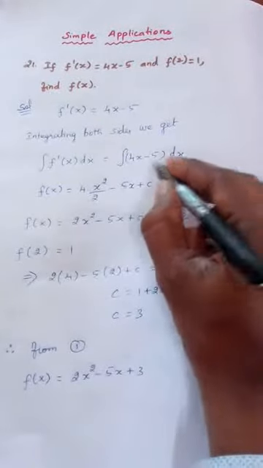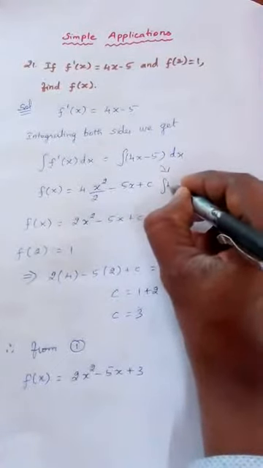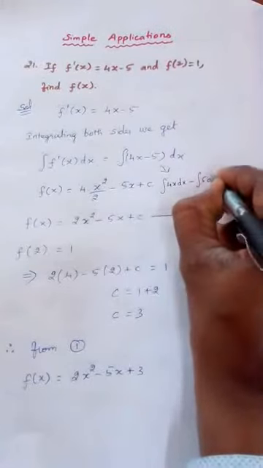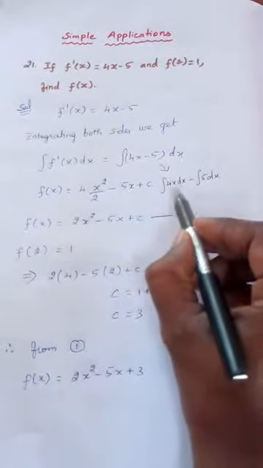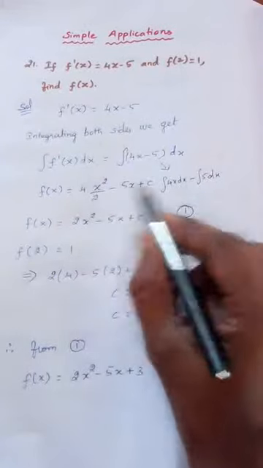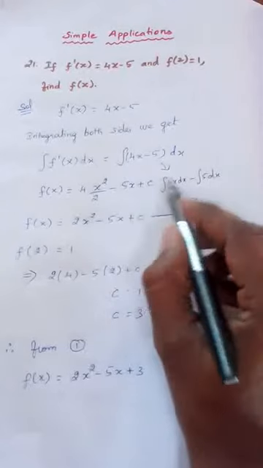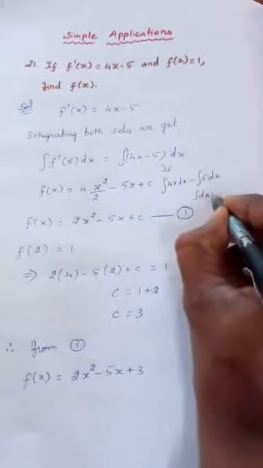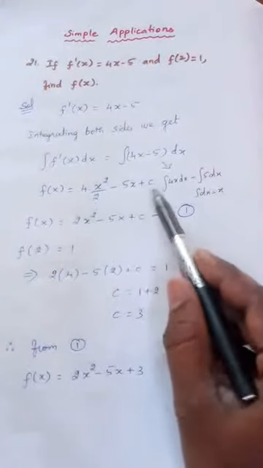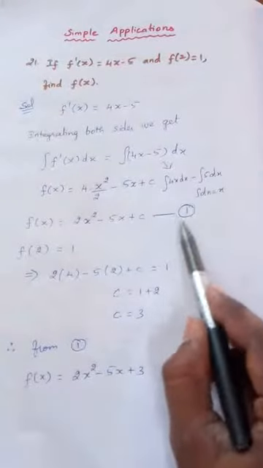You should know this is split as integral 4x dx minus integral 5 dx. So in 4x dx, 4 is taken outside, integration of x dx is x square by 2, minus 5 is taken outside, integral dx, answer is x. So plus integration constant. Cancelling this 2 and 4, you will get this. And this is taken as the first equation.